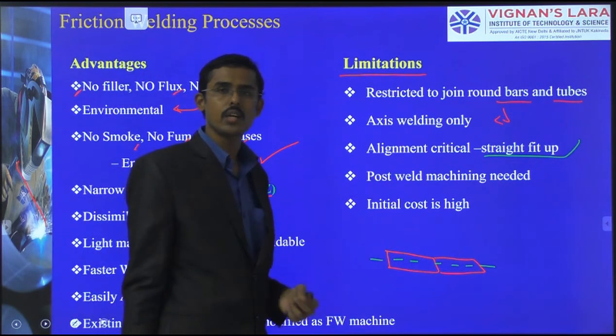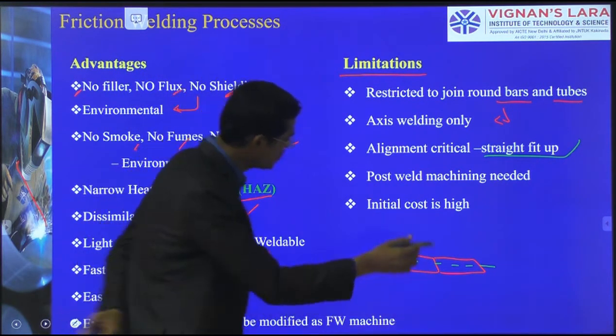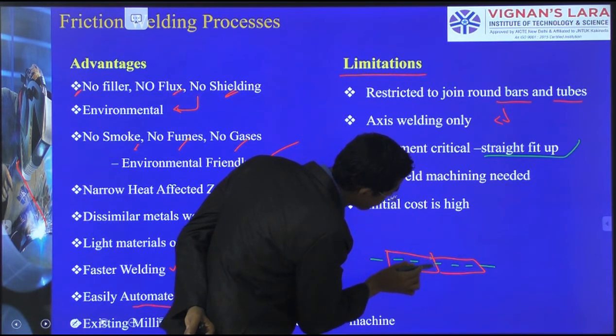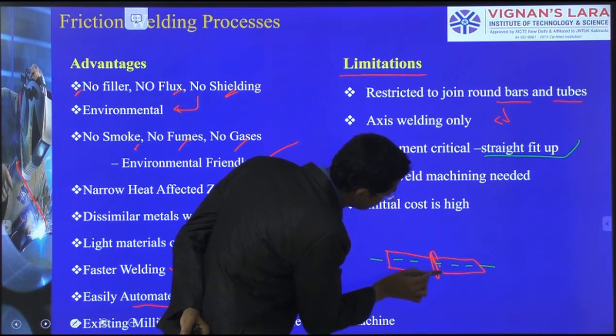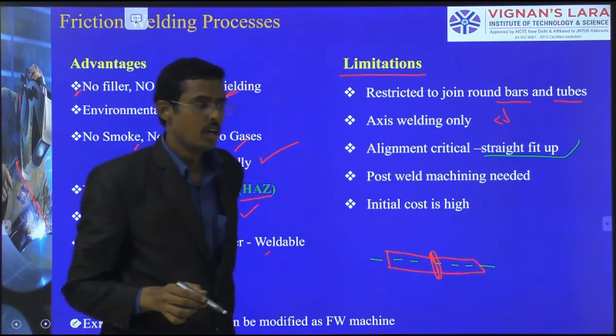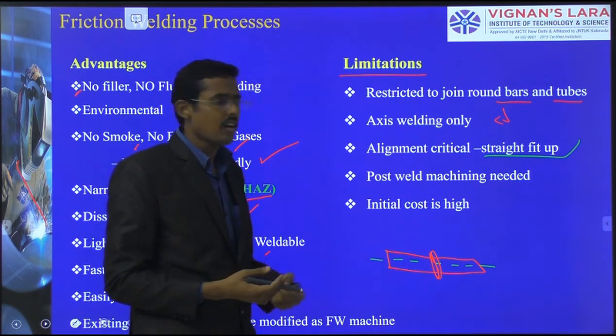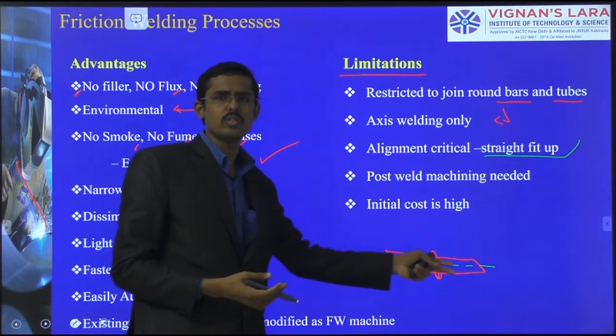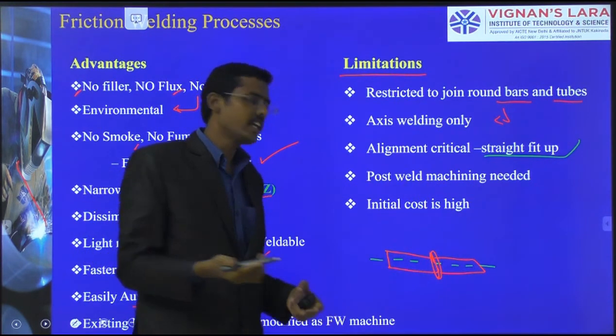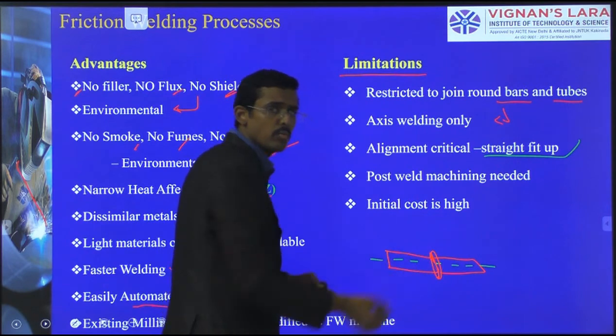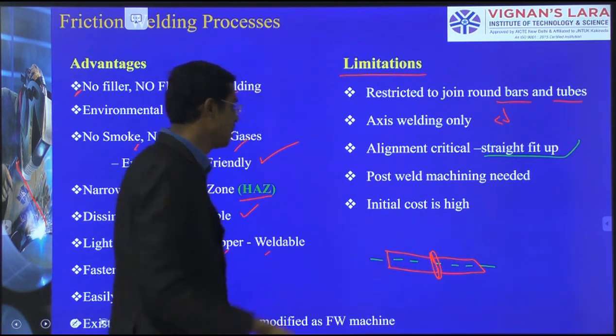Therefore, alignment is critical. Straightening and fit-ups are needed. Post-weld machining is needed. What is this post-weld machining? We have seen a formation of flash in this region. In case it is needed, otherwise, if not required, we can use the job as it is. If needed, we can remove these flashes by machining.